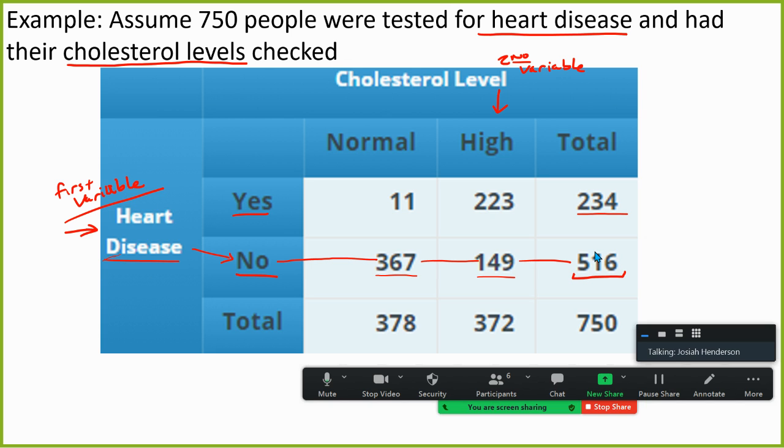Do you have heart disease is one question, yes or no. And then also, what's your cholesterol level, normal or high? So they had to answer two questions, and that's why this is two variable. There may be more than two options for each of the variables. So sometimes there'll be 3 or 4 or 5 different columns under the vertical one, or rows for the horizontal one.